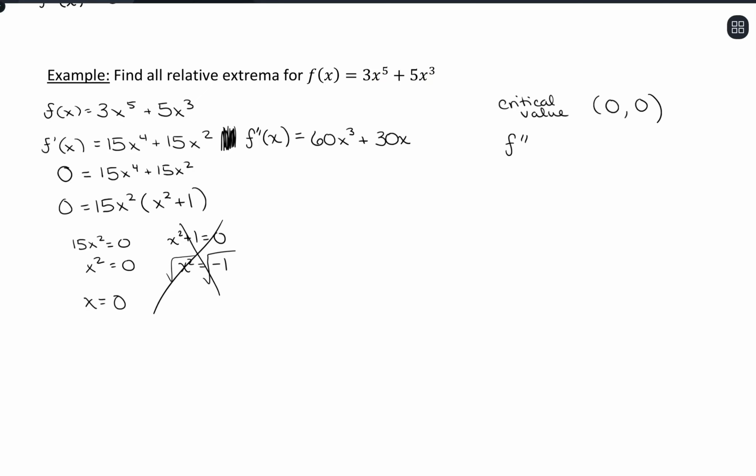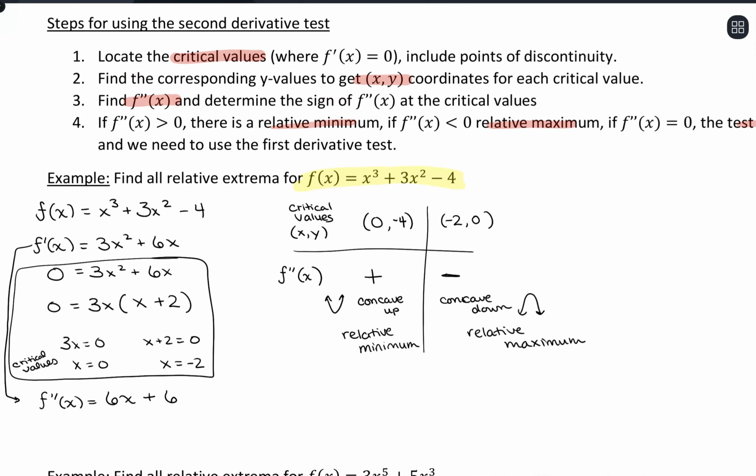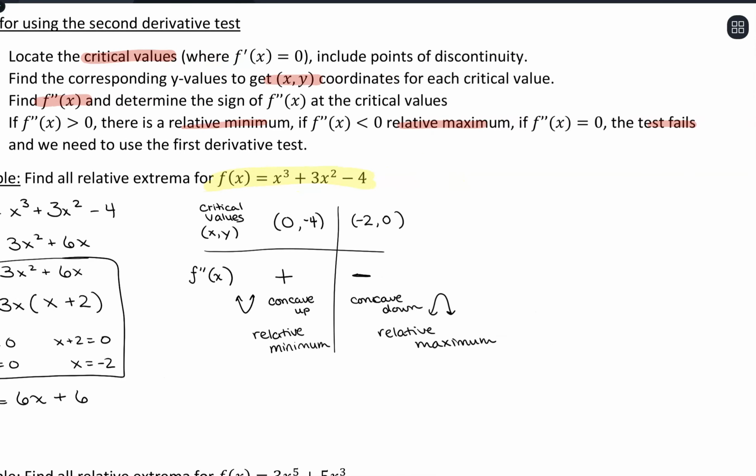And then I want to evaluate the second derivative at this value right here. So if I plug in x equals 0 into my second derivative, we're going to end up with 0. And what we're told is that if the second derivative of f of x is equal to 0, our test has failed, or specifically the second derivative test has failed.